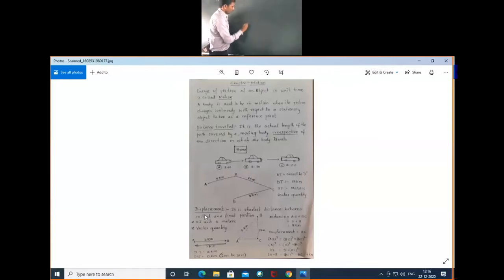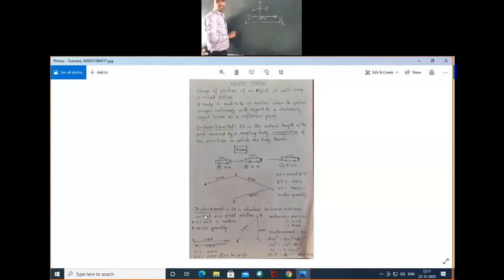See here. A person is traveling from A to B. Understood? Around 10 kilometers he is going from A to B. He reached here. In this direction he was traveling, from west to east.